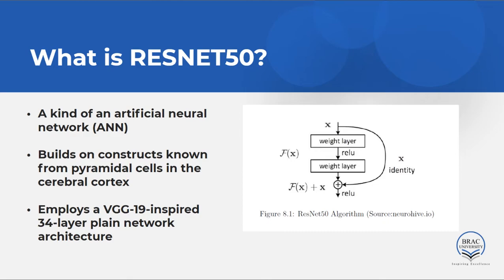Most ResNet models use double or triple layer skips with nonlinearities such as rectified linear unit and batch normalization in between. The ResNet network employs a VGG19 inspired 34-layer plain network architecture, after which the shortcut connection is added. As seen in the diagram, these shortcut connections change the design into the residual network.